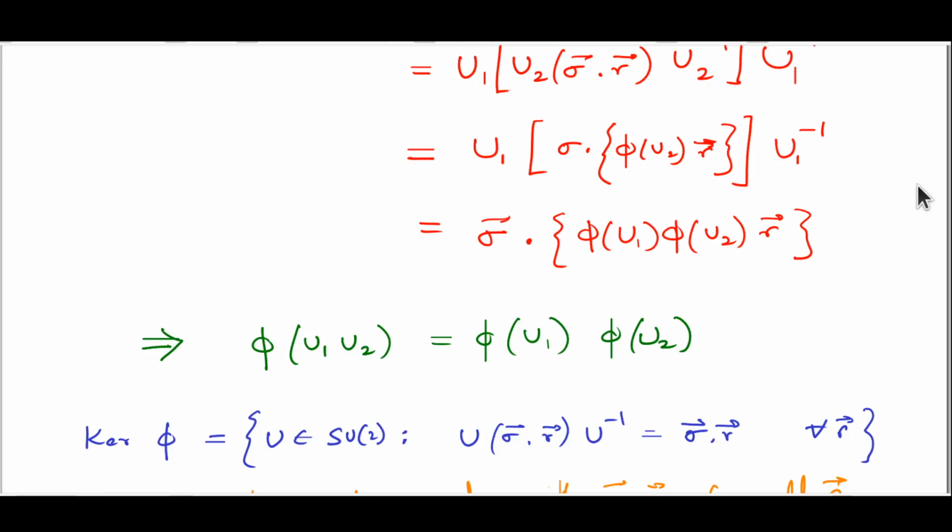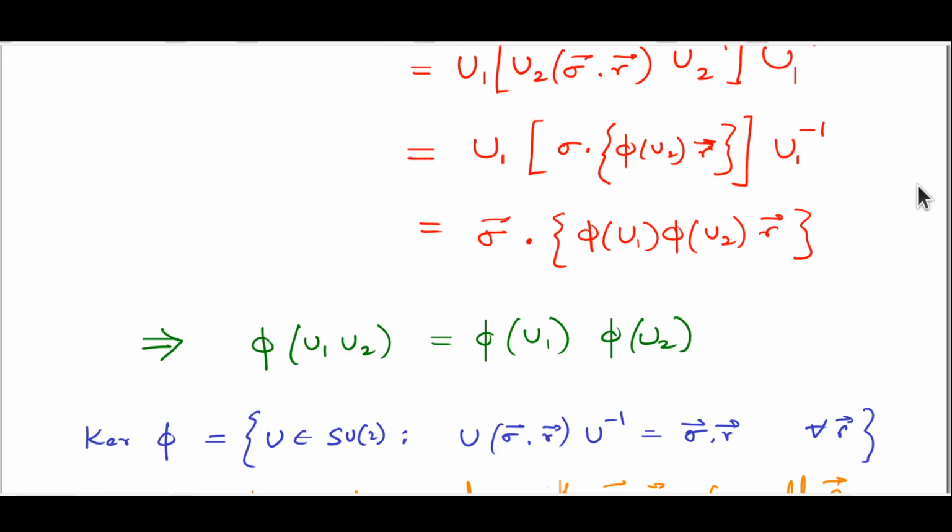But the important question is, is this also an isomorphism? And if you remember our isomorphism theorem that we studied a long way back, a homomorphism between two groups is an isomorphism if the kernel of the map contains only the identity of the domain. Let us check whether that is really correct here.